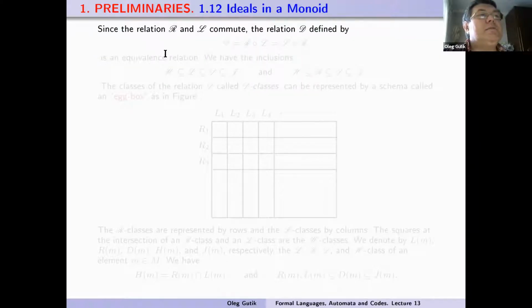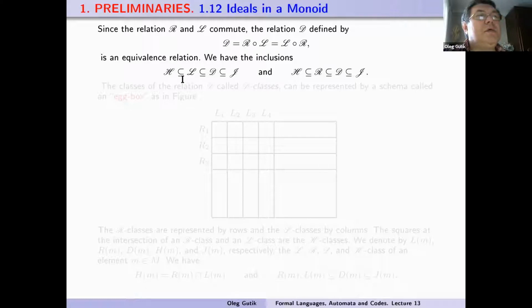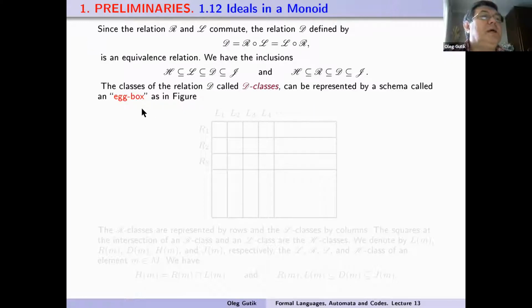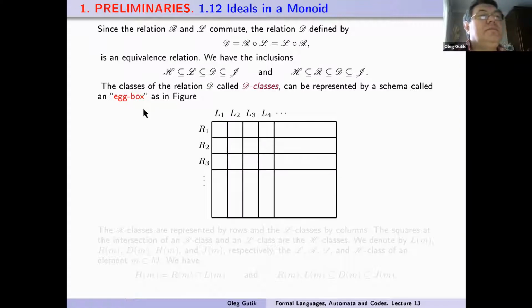Since the relations R and L commute, the relation D, defined as the composition of R and L, is an equivalence relation. We have the inclusions H is contained in L, which is contained in D, which is contained in J, and H is contained in R, which is contained in D and J. The classes of the relation D, called D classes, can be represented by a schema called an egg box, as in the figure.